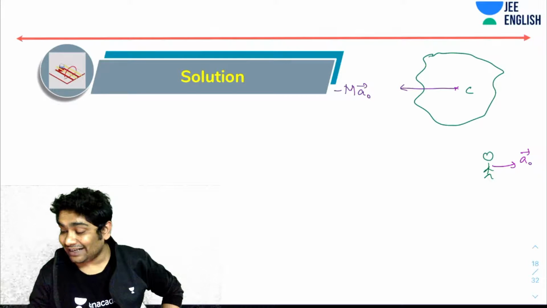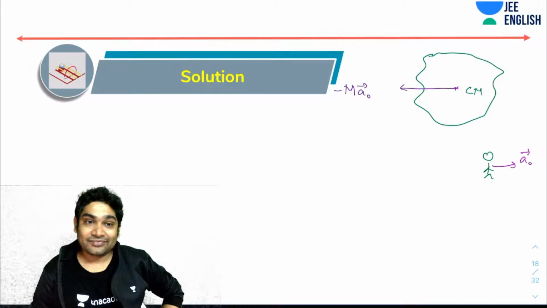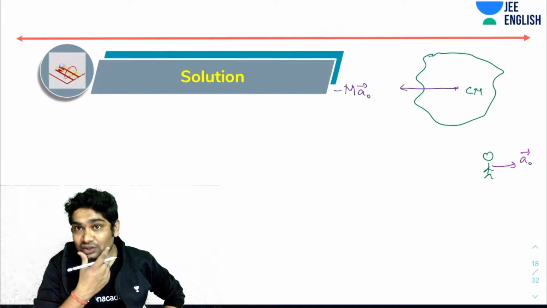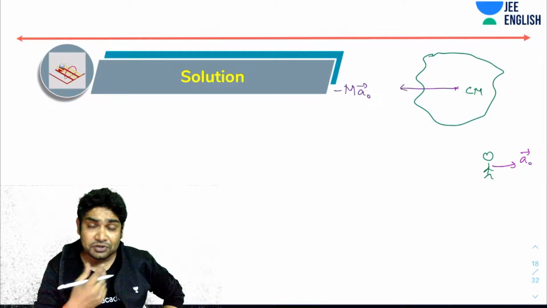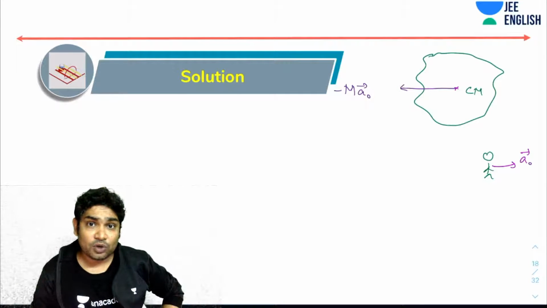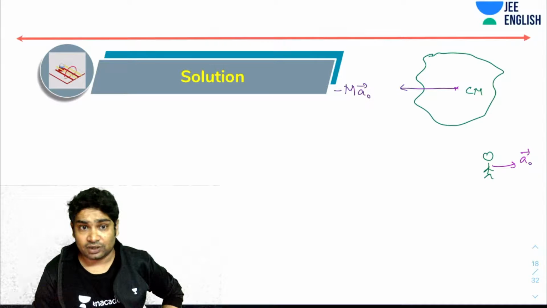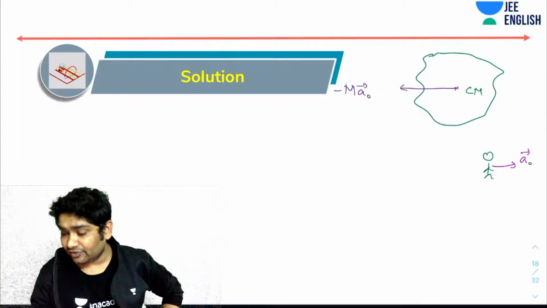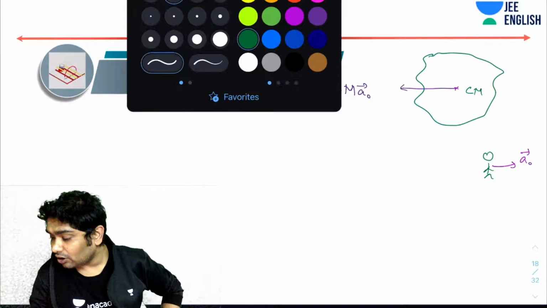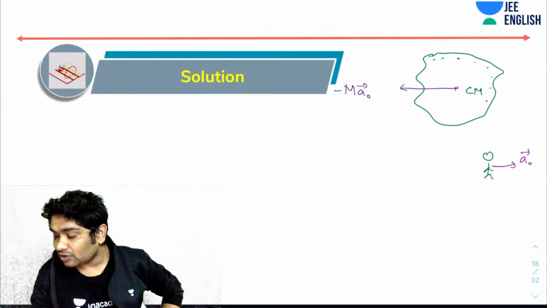Okay, why is that? So when you're representing the pseudo force, you are basically representing the net force and the effective position of that force, right? So if I consider this to be made up of a lot of point masses, then all these point masses would feel a pseudo force, correct?